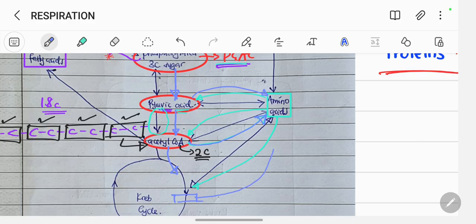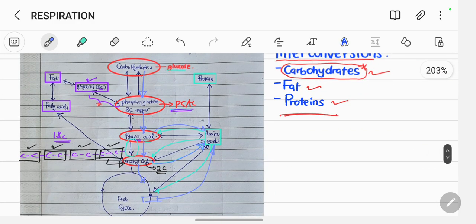We get one of them and convert it back to the amino acid that we want. Are you seeing that? We can even get this fat, turn it to a fatty acid, break down the fatty acid to acetyl-CoA, and we turn the acetyl-CoA into the amino acid that we want.